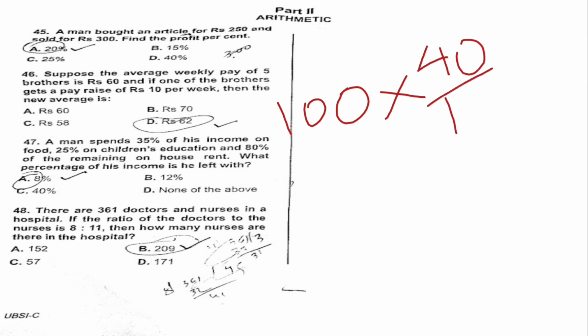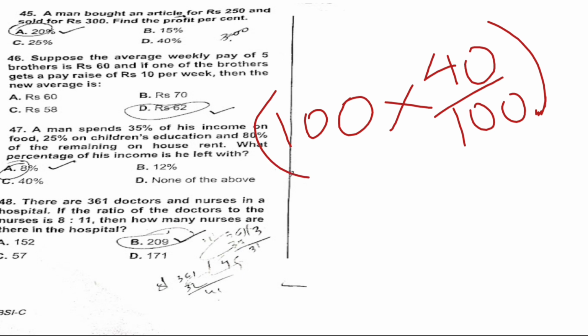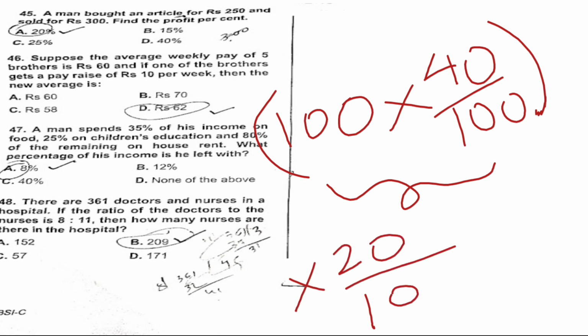Cool. Now out of this 40%, the question says 80% of the remaining money with him, he is spending on house rent. So how much must be remaining? Out of 100%, he is spending 80% on house rent, so 20% must be remaining with him, right?